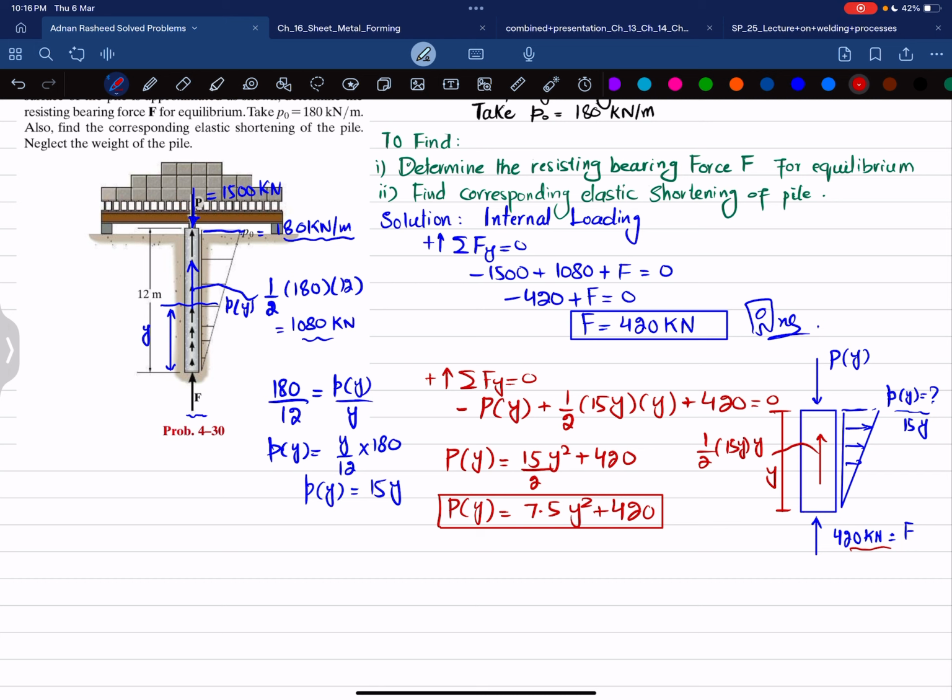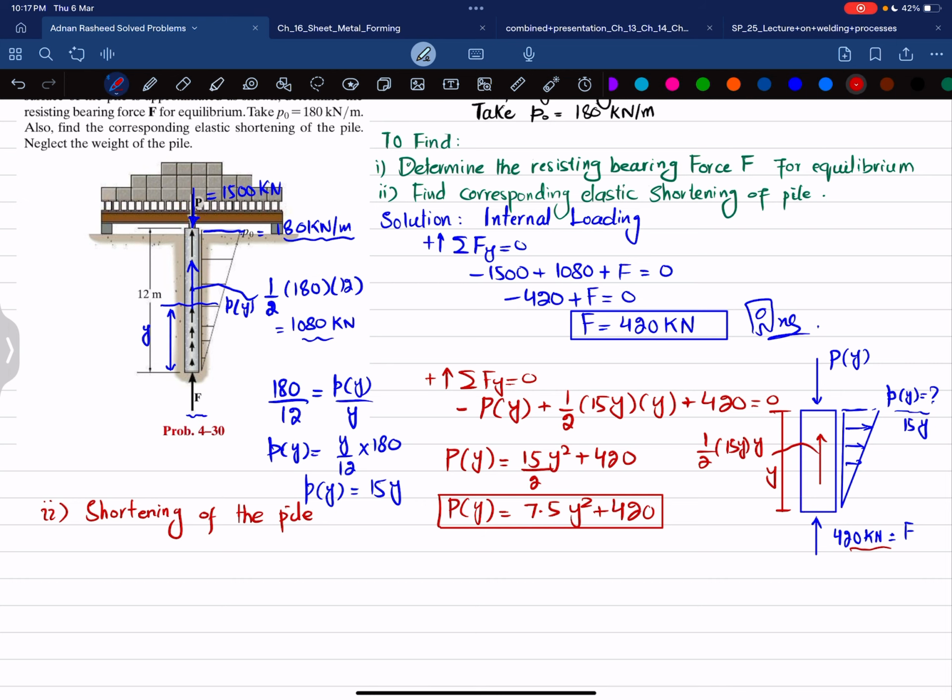Now this is the normal force, so we will move towards shortening of the pile. For shortening of pile, you can see this load is compressive load. So this load causes compression in this pile, so the length will decrease. So how will we find this?